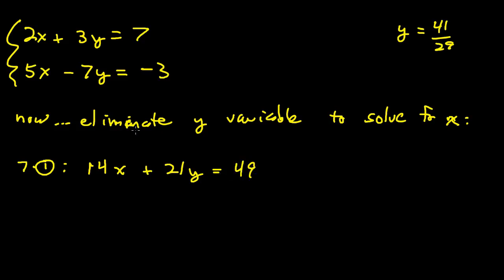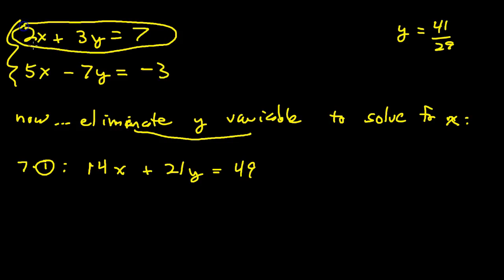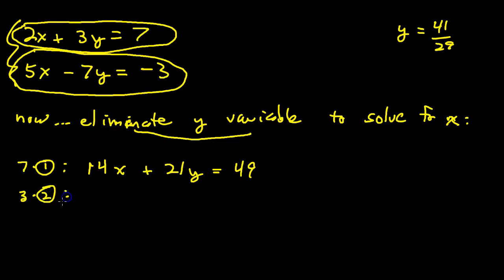Again, the goal here is to eliminate the y variable, so if I multiply the top equation through by 7, I'd want to multiply the bottom equation through by positive 3. So 3 times equation 2 will then give me 15x minus 21y equals minus 9.